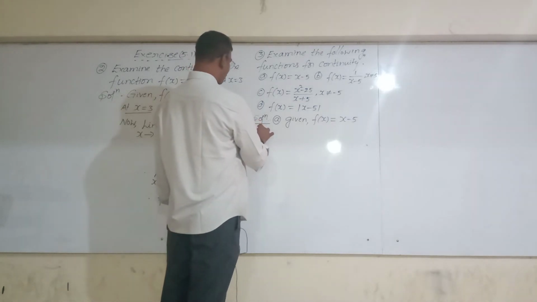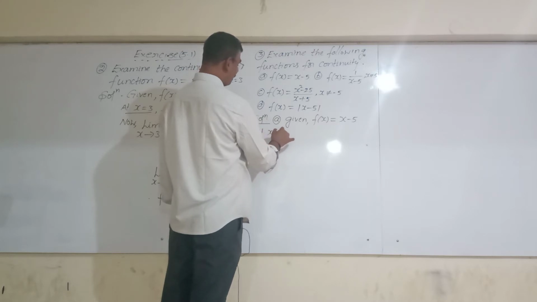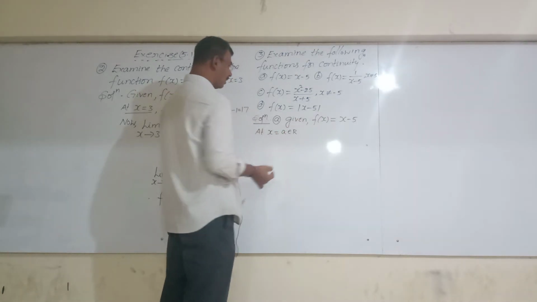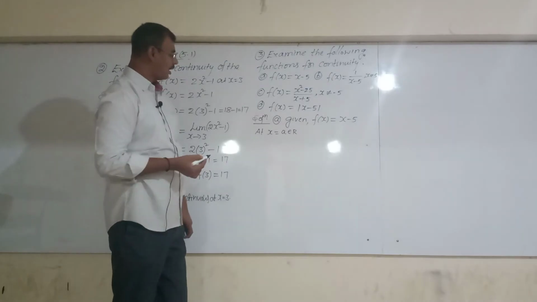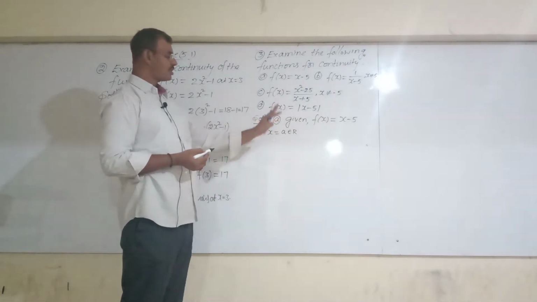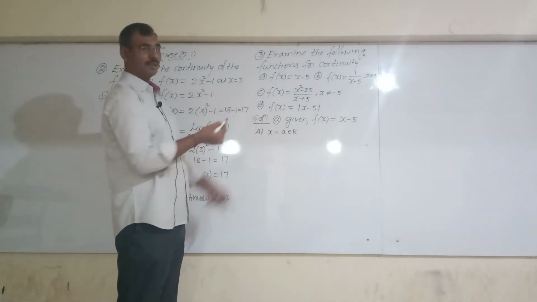Let us take a real number, that is x equal to a, any real number. I consider only the x value. I check at real number a, because he has not given any number.